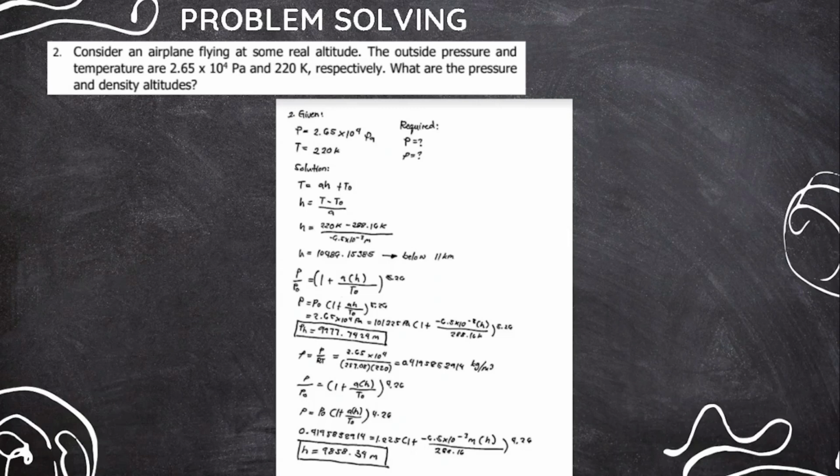Next, we are going to find the density altitude. For the density altitude, we have a formula: density is equal to pressure over RT. We input the givens. For our pressure, we have 2.65 times 10 raised to 4 over 287.08 multiplied by 220.